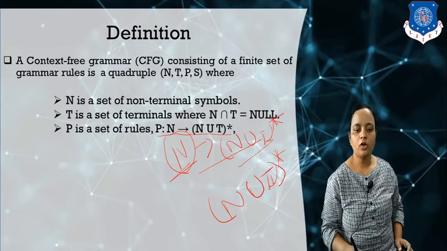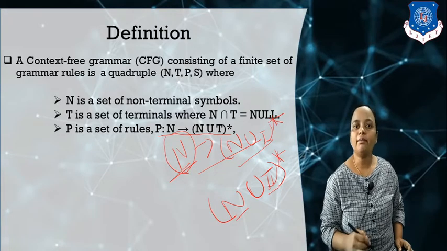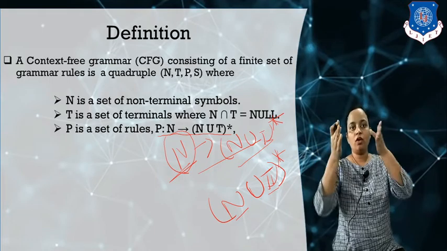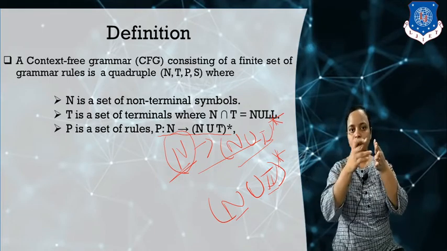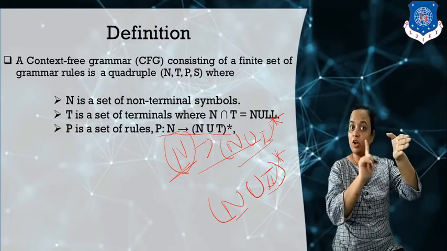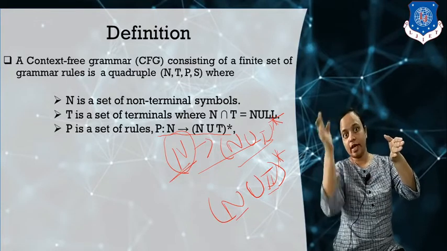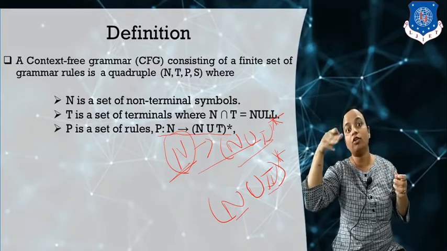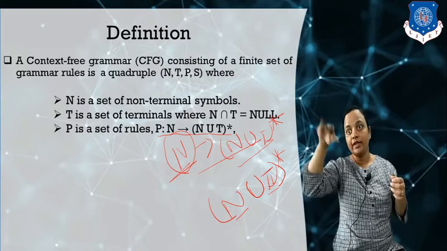Now, any combination of non-terminals or terminals can appear on the right hand side of the arrow. The left hand side of the arrow always contains a single non-terminal symbol, and the right hand side can be any combination of non-terminals or terminals, with a star.